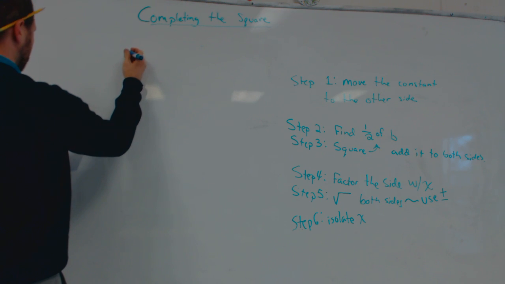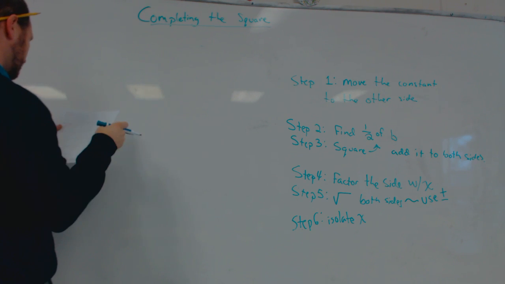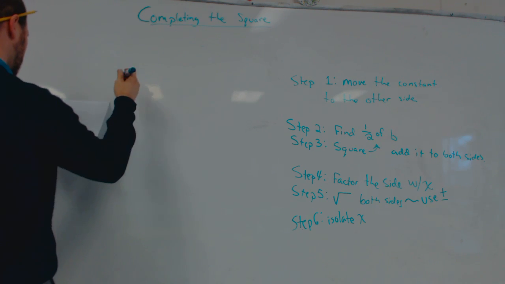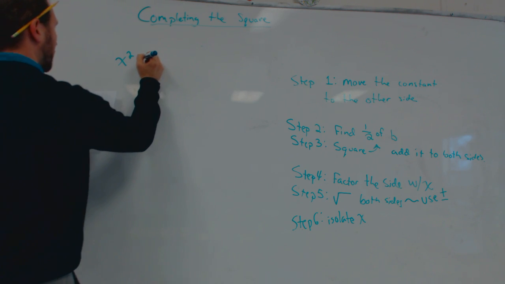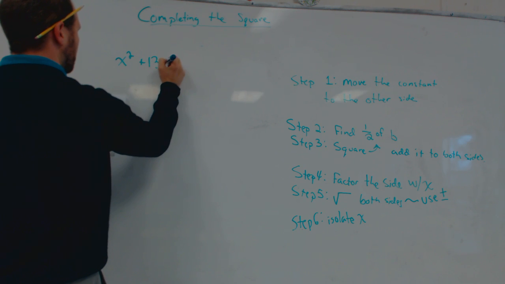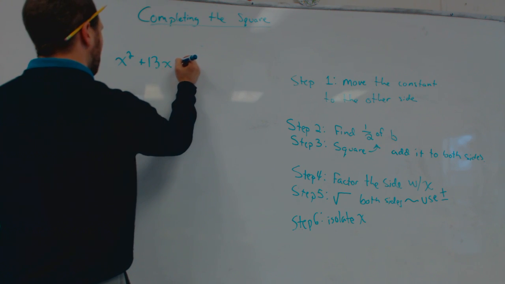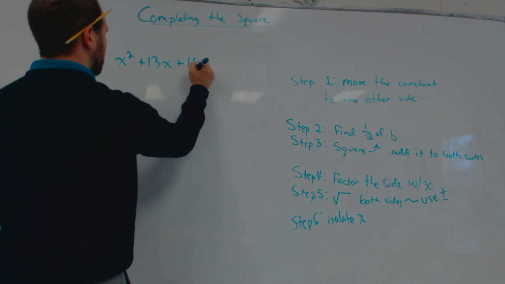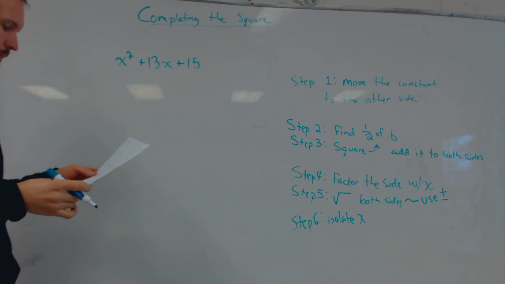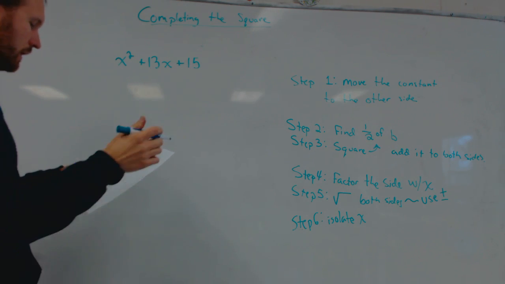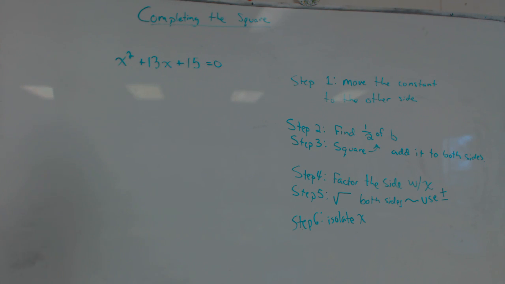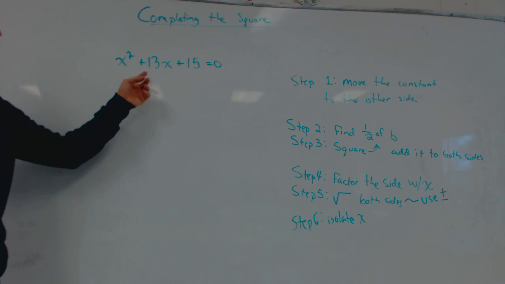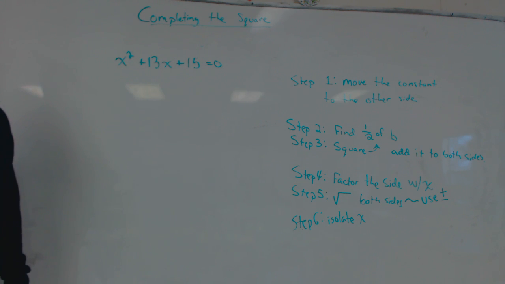So if I had x squared plus 13x plus 15 equals 0, we could sit here thinking of factors of 15 that add up to 13, 5 and 3.